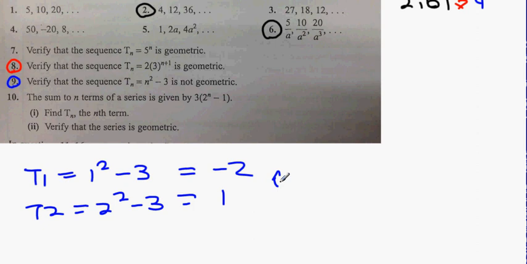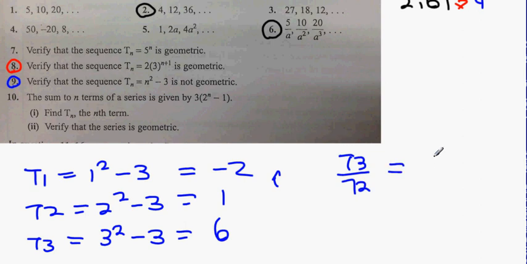And then T3 is 3 squared minus 3, which is 6. Then you can say that T3 over T2 is meant to equal T2 over T1. But 6 over 1 does not equal 1 over minus 2. Not a geometric sequence. That's another way of doing it.